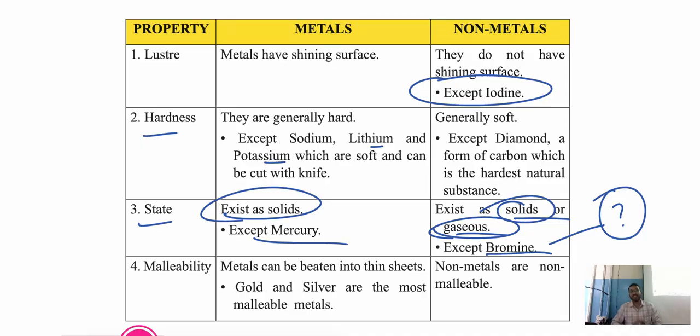If it was gaseous state, then why should I say except? Simple word, common sense should be applied. Except means, yeah. In the comments, please tell me in which state bromine is. You have to tell, sir, bromine is in dash state. Tell me what is the dash state. Okay, let me see who all are going to answer this question.